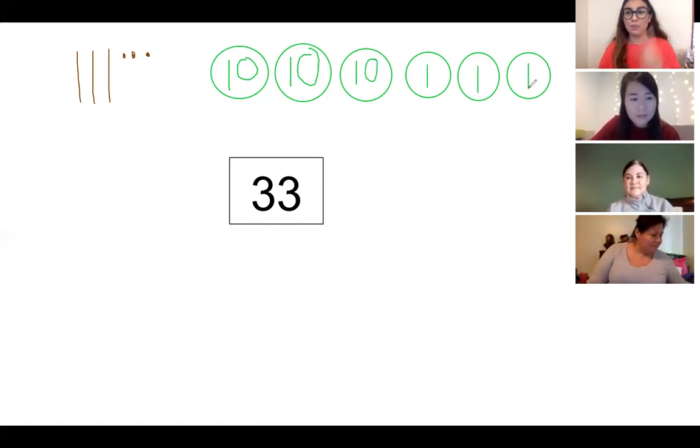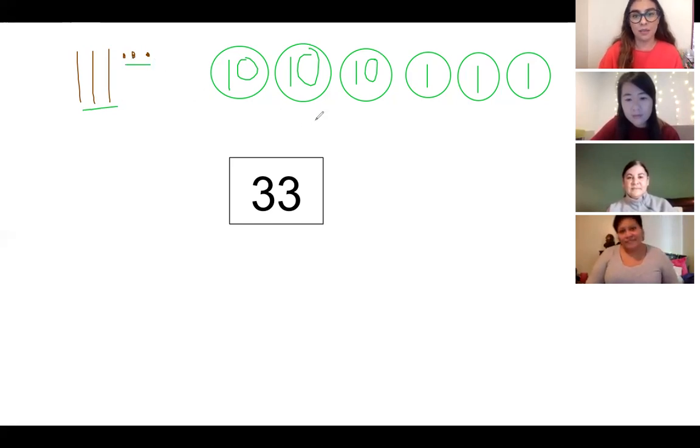So these are two beautiful ways to represent 33. We have the tens and the ones with the 10 rods, and then the 3 ones blocks. And then we have another way to represent 33 with our groups of 10. So 10, 20, 30, and then groups of ones, 31, 32, 33.